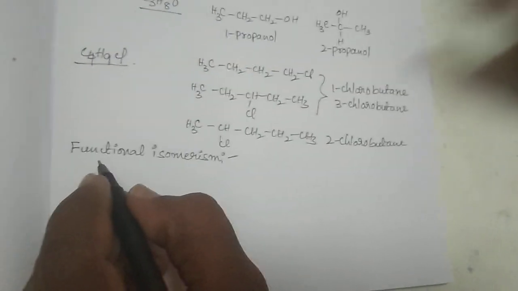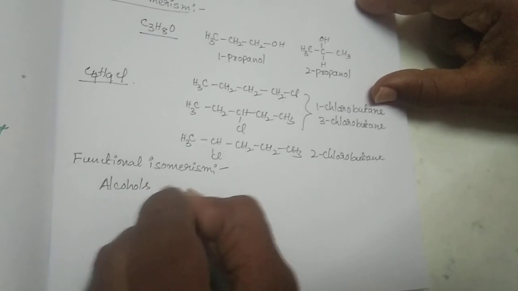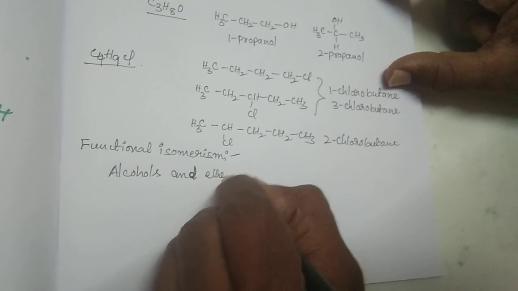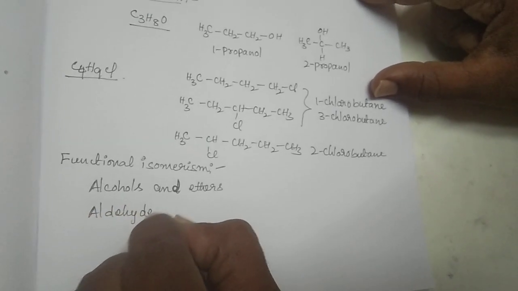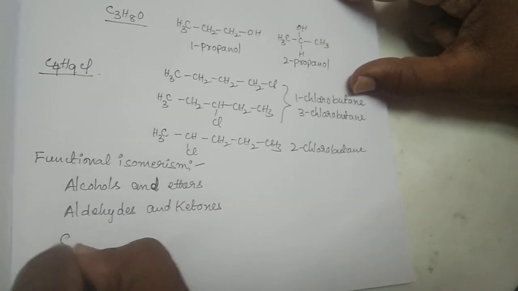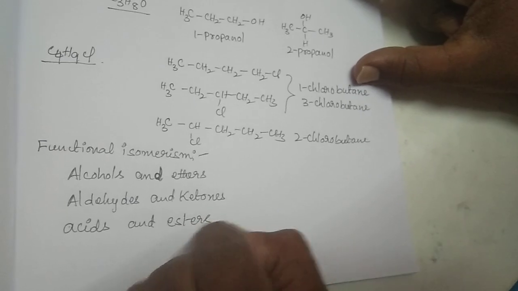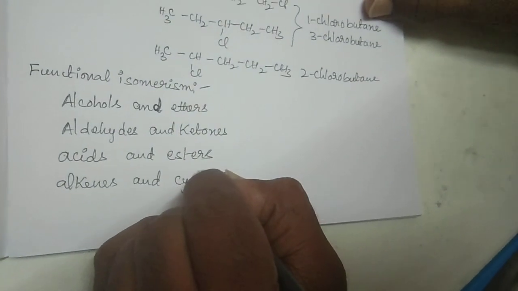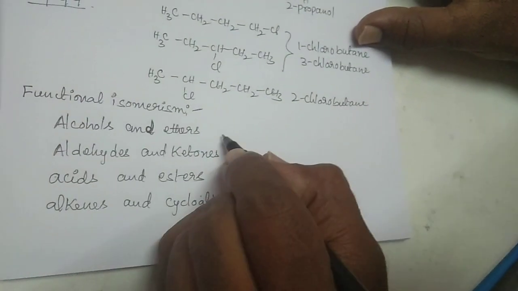Generally there are combinations of functional isomers like alcohols and ethers, aldehydes and ketones, acids and esters, alkenes and cycloalkanes.